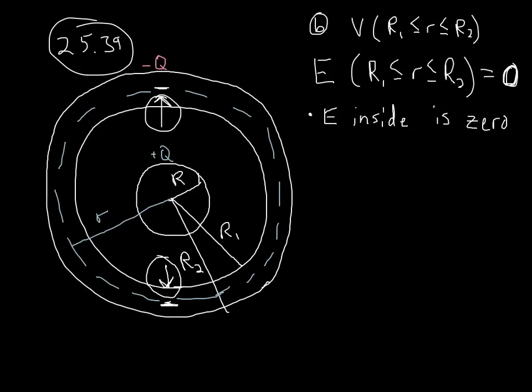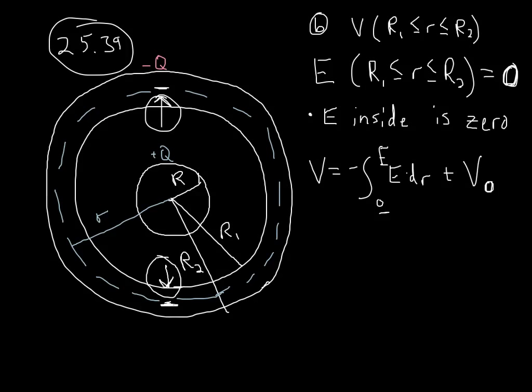We can do our V is equal to the negative integral from our reference point to some final point of E dot dr plus V at our reference point. And what we need to do here is break up this reference point because we're going to hit surfaces before we get to our final position.